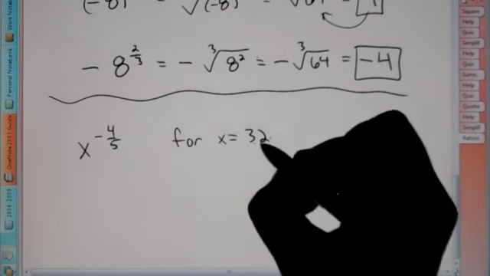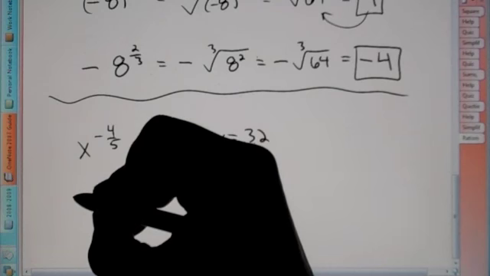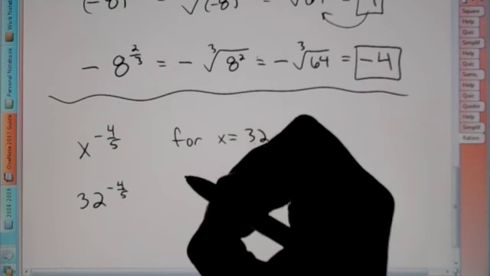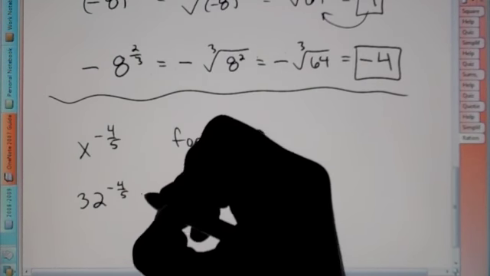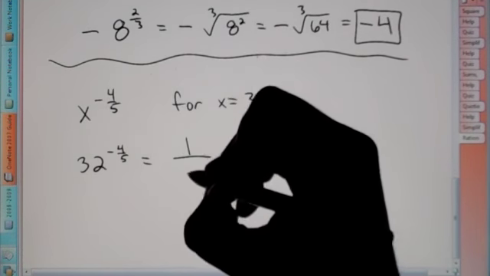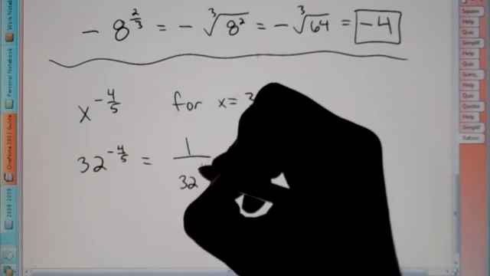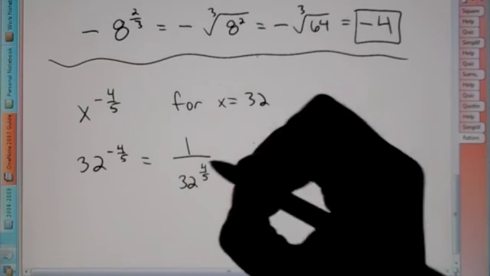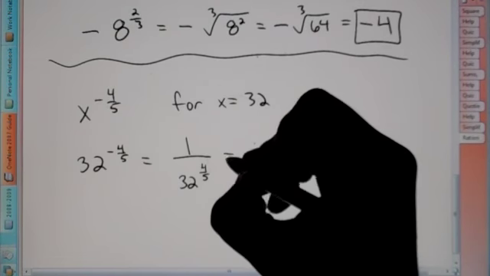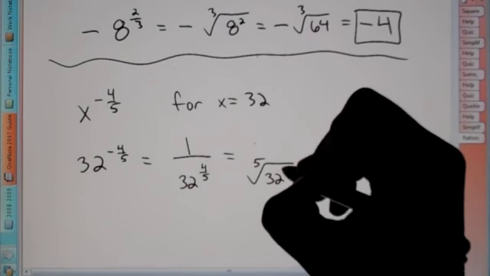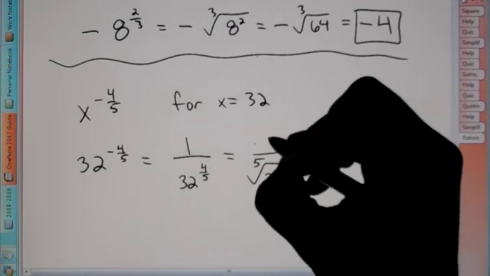So we're going to plug the 32 in for x. So we have 32 to the negative 4/5. And again, since it's a negative exponent, we can move that to the denominator. So we have positive 4/5. Again, we want to get rid of the negative exponent. So this 5 right here becomes the 5th root, becomes the index. So you have 32 to the 4th over 1.